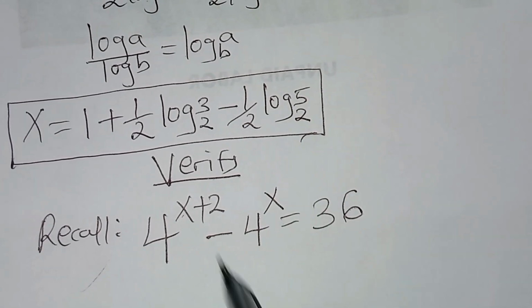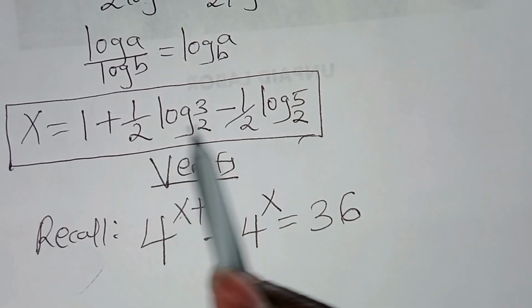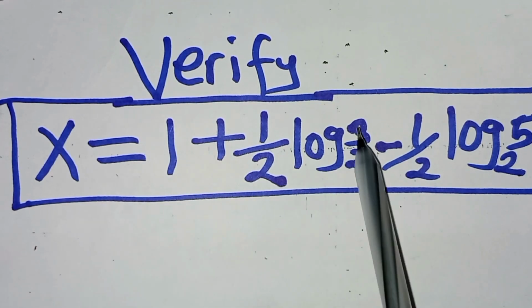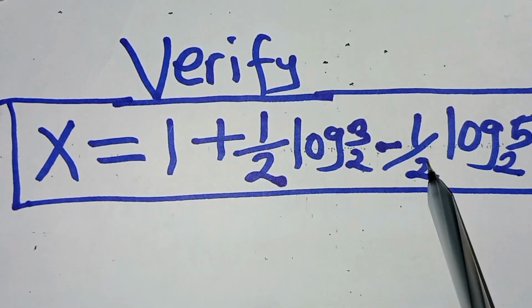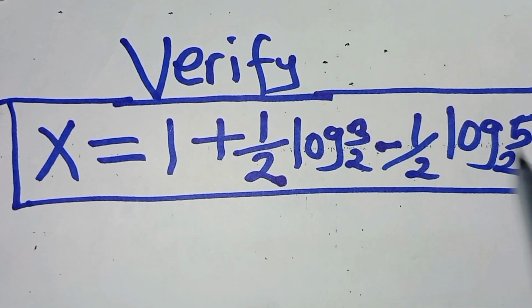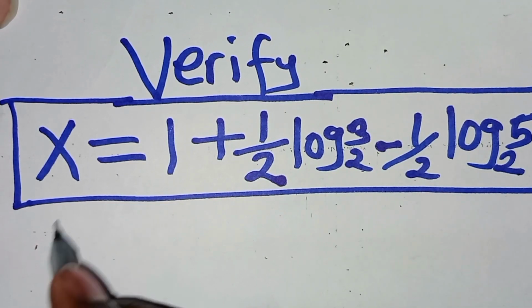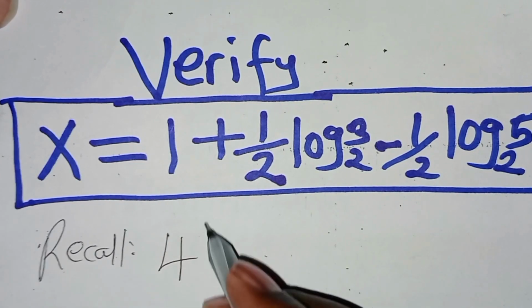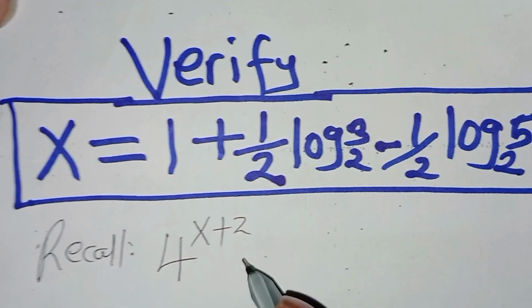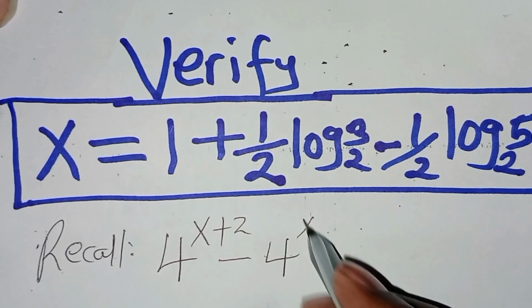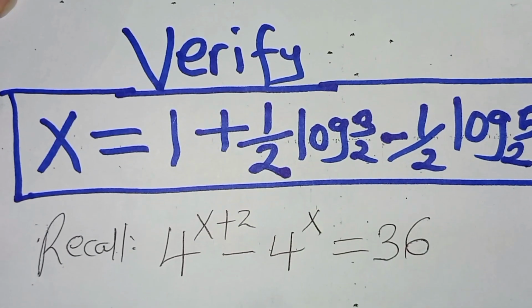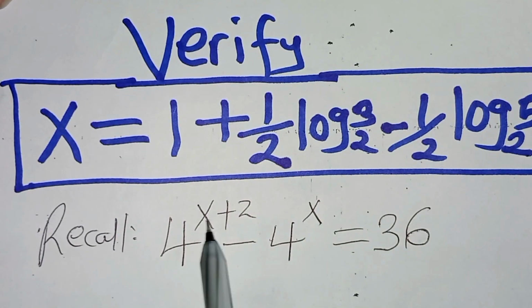Let's substitute the value of x, which is 1 plus a half log 3 to base 2, subtract a half log 5 to base 2, to check that it actually satisfies the equation.